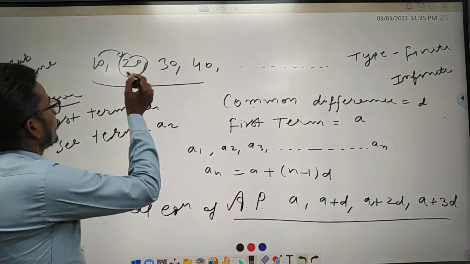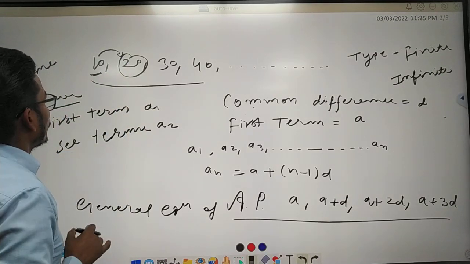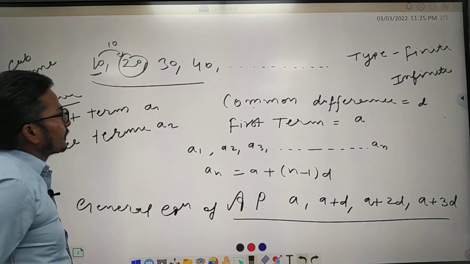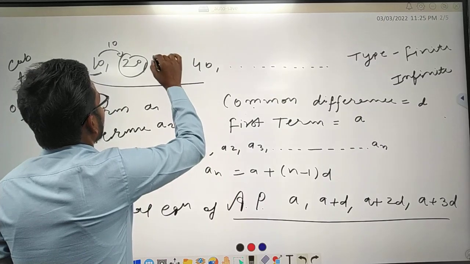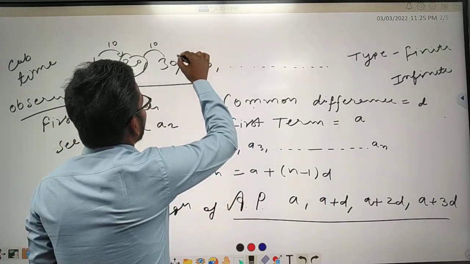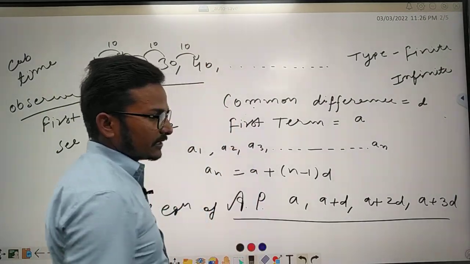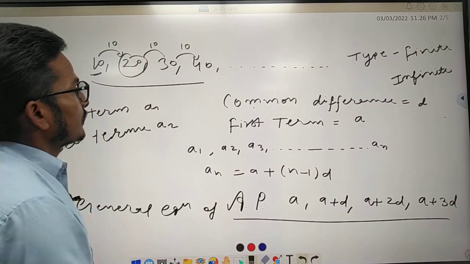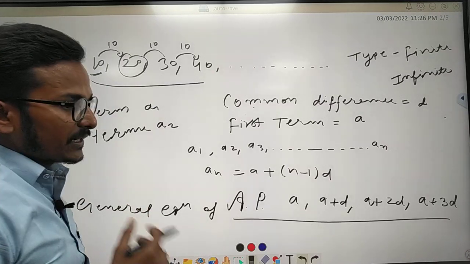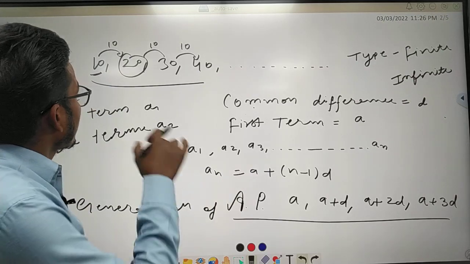In this example, 10 is the first term and the second term is obtained by adding a fixed number 10, the third term by adding the fixed number to the second, and the fourth term by adding the fixed number 10 to the preceding term. So we get a list of numbers called an arithmetic progression, in which the succeeding number is obtained by adding a fixed number to the preceding term.